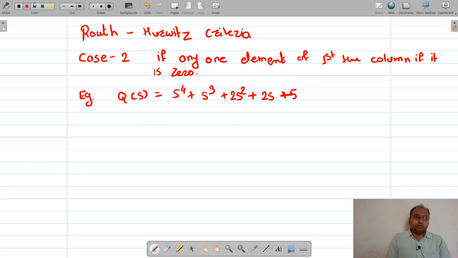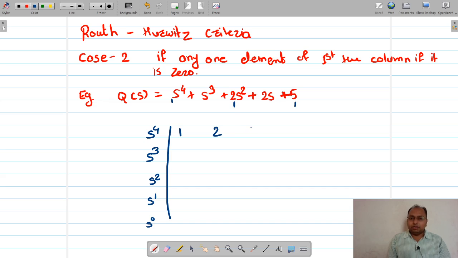Draw a vertical line. The highest power we write is s raised to 4, s cube, s square, s raised to 1 and s raised to 0. Let us write the first coefficient over here, then the coefficient 2 over here and the 5 over here.